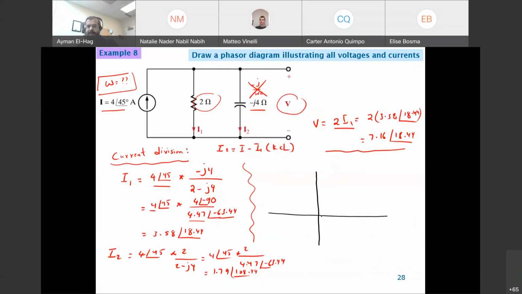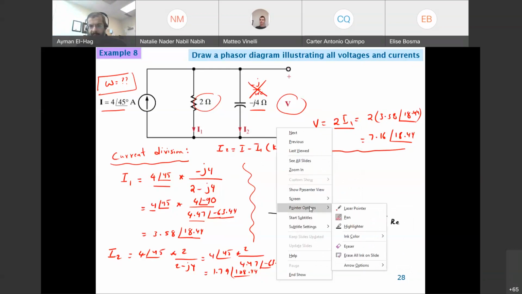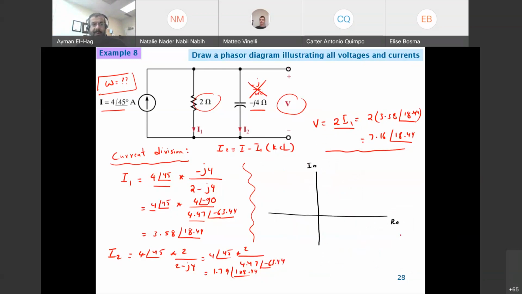So this is the real and this is the imaginary. Now we'll start with the currents and then we'll find the voltage. So we'll start with the main current I. I is equal to 4 angle of 45. So the angle is with respect to the positive x-axis always. So I is 4 angle of 45, so it comes here.